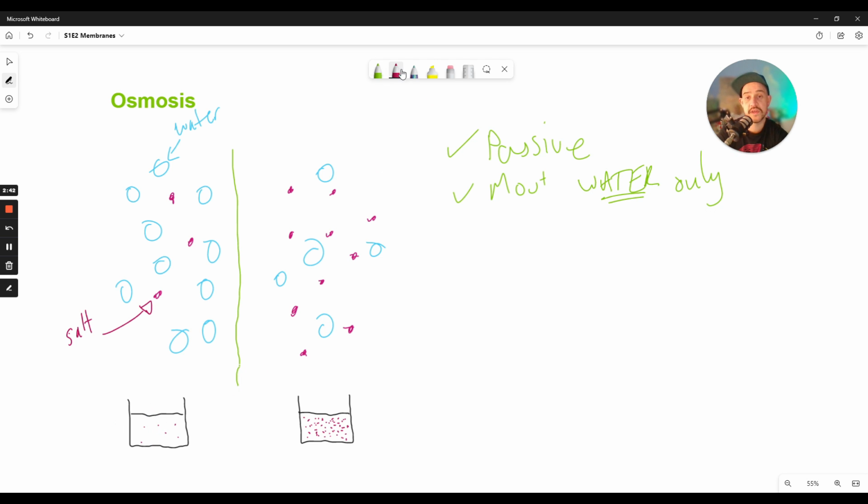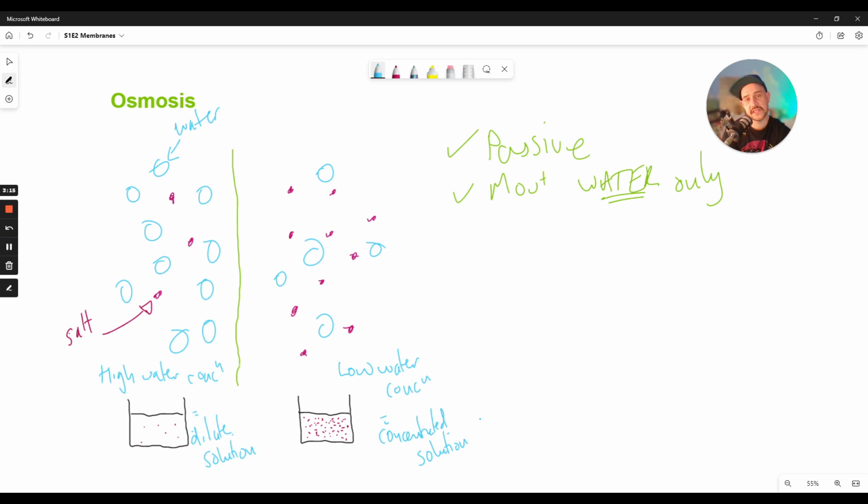So we can call a high water concentration equal to a dilute solution, whereas a low water concentration is equal to a concentrated solution, because there's a lot more salt there relative to a dilute solution.